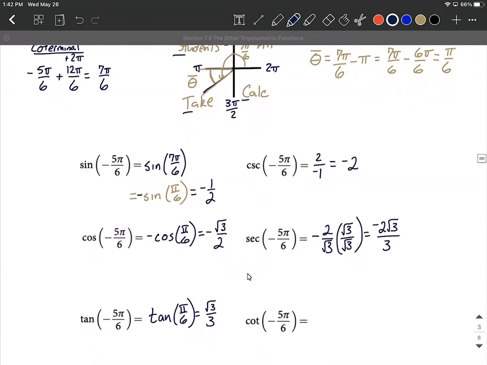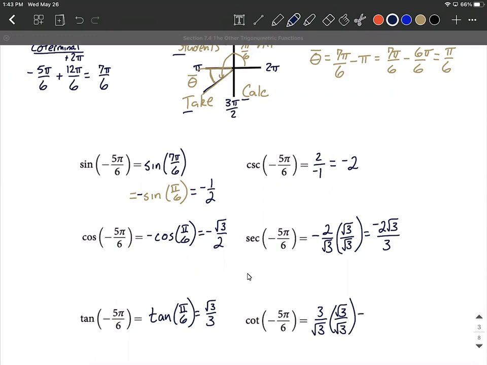It's going to be very similar for cotangent, that we're going to invert tangent, use its reciprocal. So 3 over the square root of 3, flip it upside down. And then to rationalize here, we're going to multiply numerator and denominator each by the square root of 3. So the numerator in this case is going to give us 3 times the square root of 3.